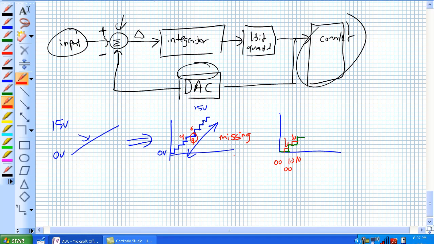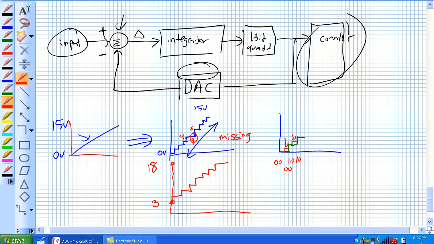The other thing that you should be aware of is these offsets. Okay, so our analog range is 0 to 15, good to go, but check this out. Let's say what you're getting here is 3. There's a bunch of steps here to 18.